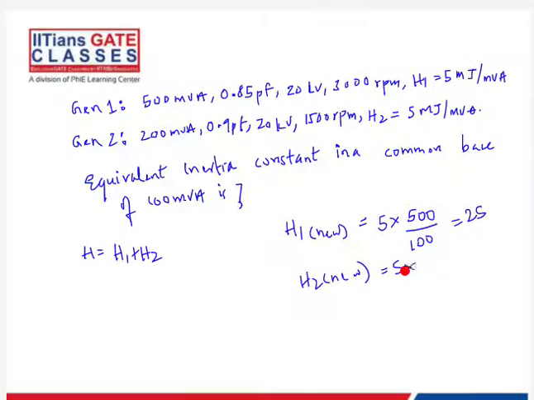If they give the inertia constant, you have to convert the given H to the new base by multiplying it by its own rating and dividing by the new rating. So H1 plus H2 would be... Is this clear?